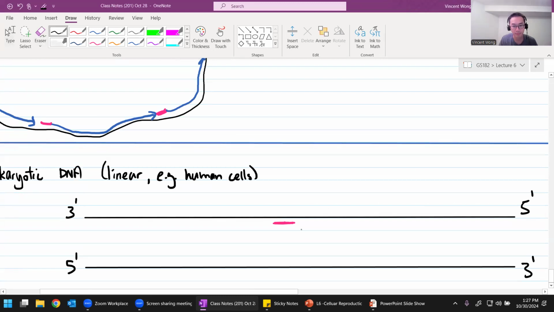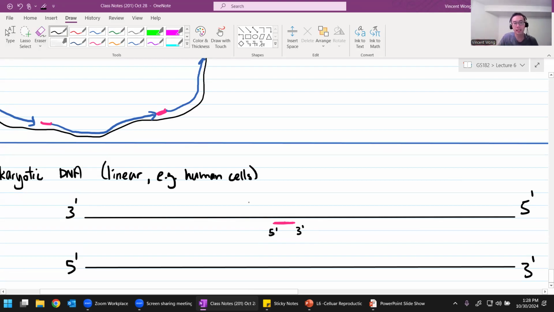Okay. And then over here, it is 5. It's always opposite to the top, right? So if it's 3, 5 like this, then the bottom is 5, 3.